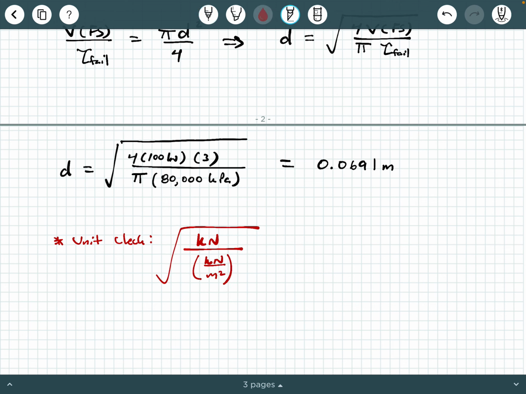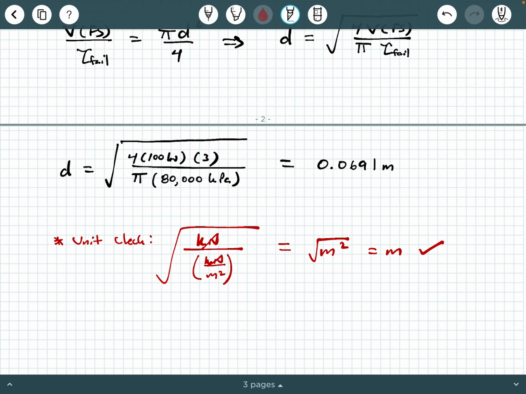So I'm forgetting about all the constants for now. I'm just checking my units on this kilonewtons and kilopascals. Remember, a kilopascal is a kilonewton per meter squared. So if I do some rearranging here, what happens? Well, the kilonewtons cancel, the meters come to the top, so you're left with meters squared inside of a square root, which just leaves you with meters. So the units check out, okay?